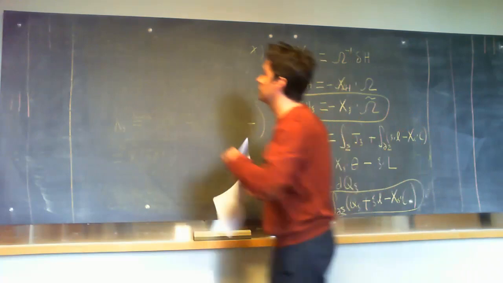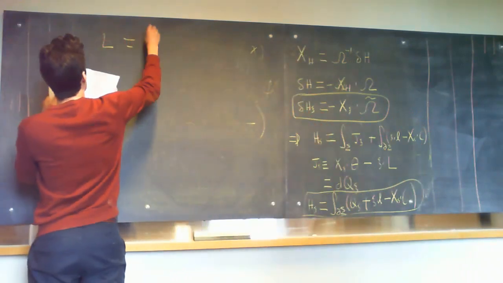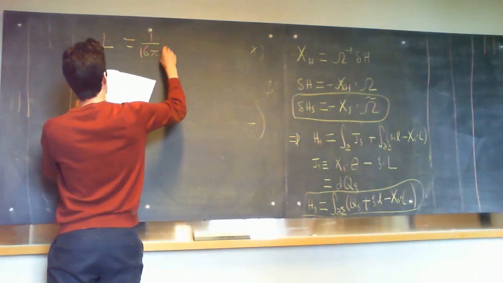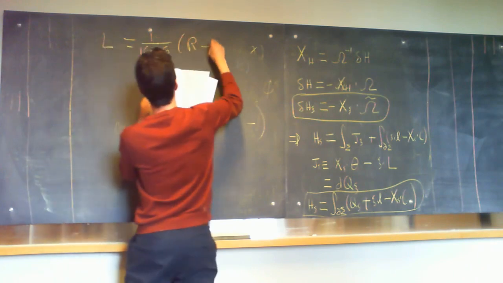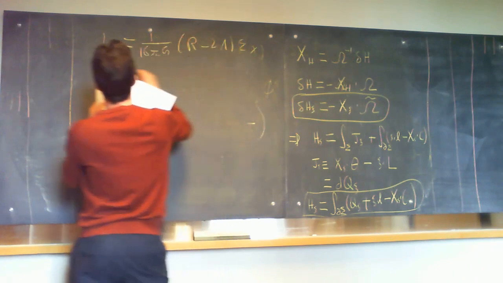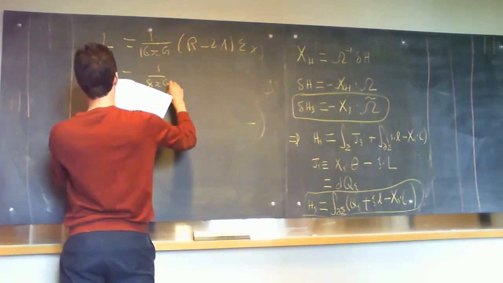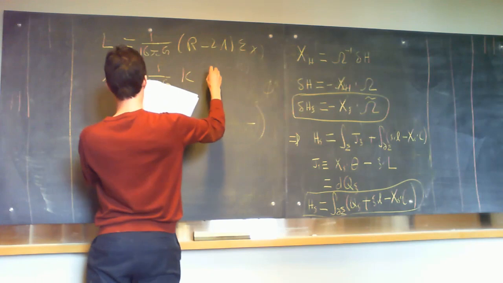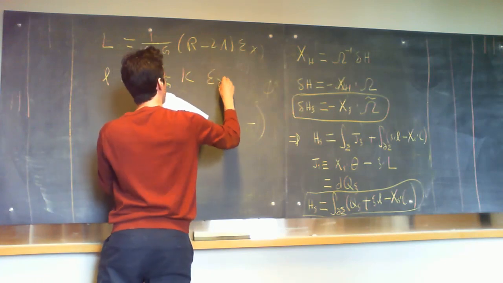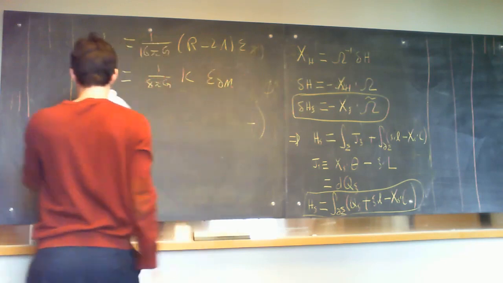So for general relativity, L is 1/16 pi G times (R minus 2 lambda) times epsilon. Little l is 1/8 pi G times the extrinsic curvature times the boundary volume form.